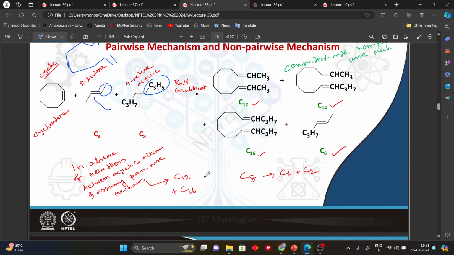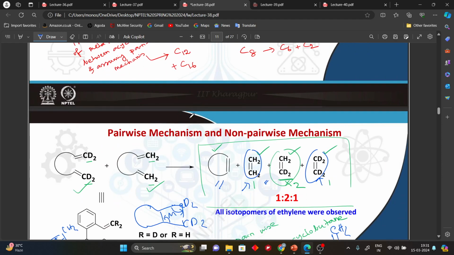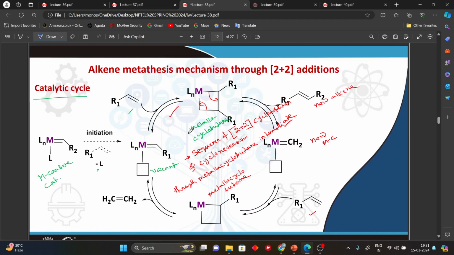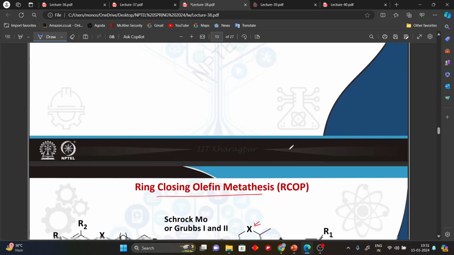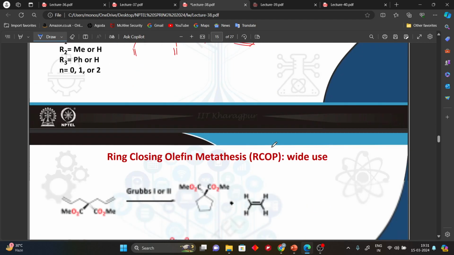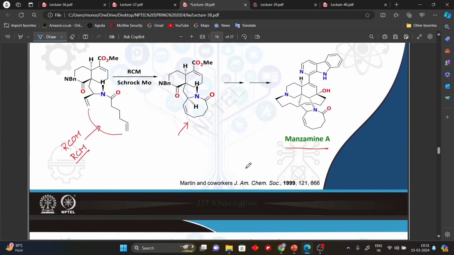So this kind of thing would be there. That's where the non-pairwise mechanism has been used. The mechanism of that must be executed this way, rather than the normal mechanism that we are following.